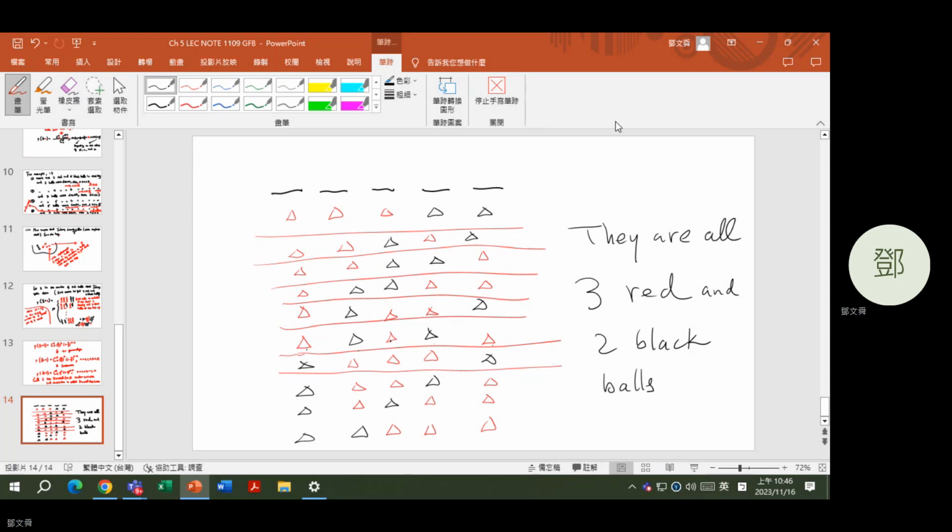So 10 is the number of ways 3 items can be drawn from the 5. That's what we discussed last week, the previous week. Any question?